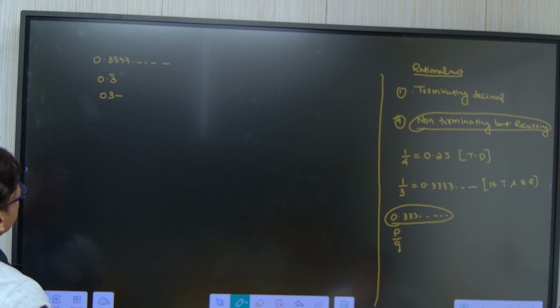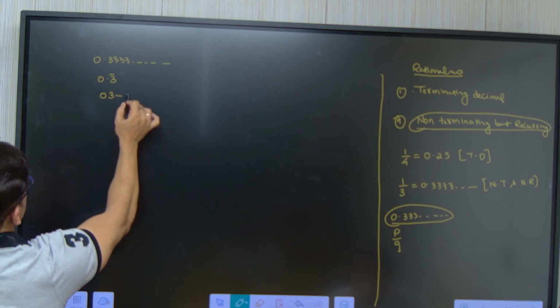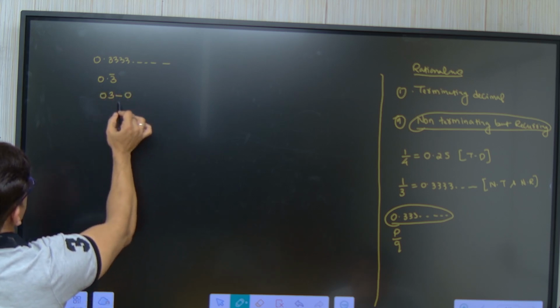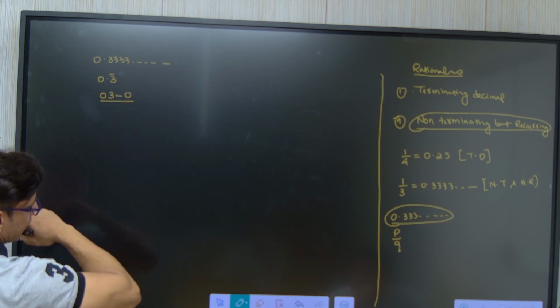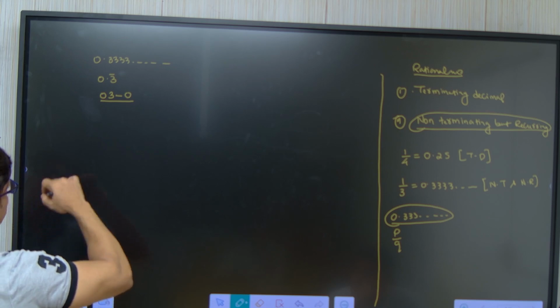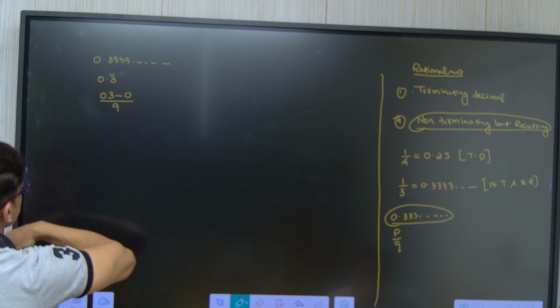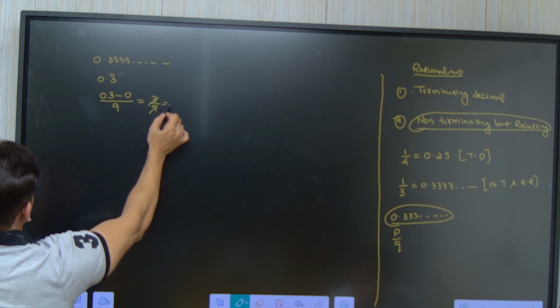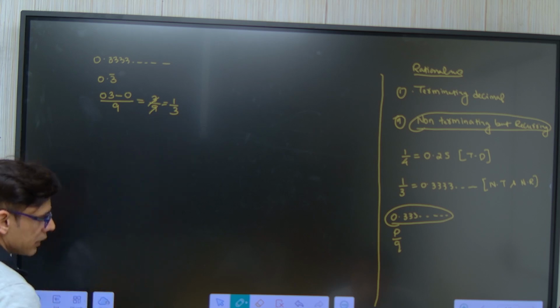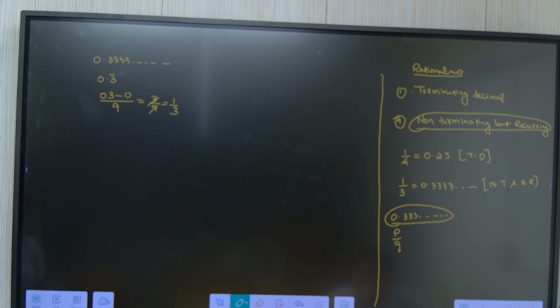Which digit does not have bar? 0. Then in the denominator, put as many 9s as digits with bar. How many digits have bar? One, so put one 9. This gives 3 by 9, which is equal to 1 by 3.